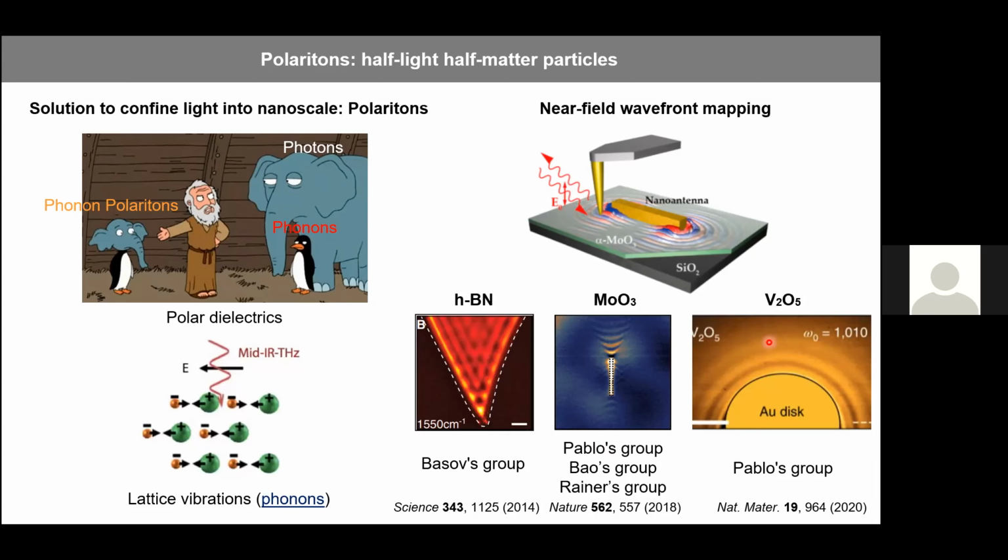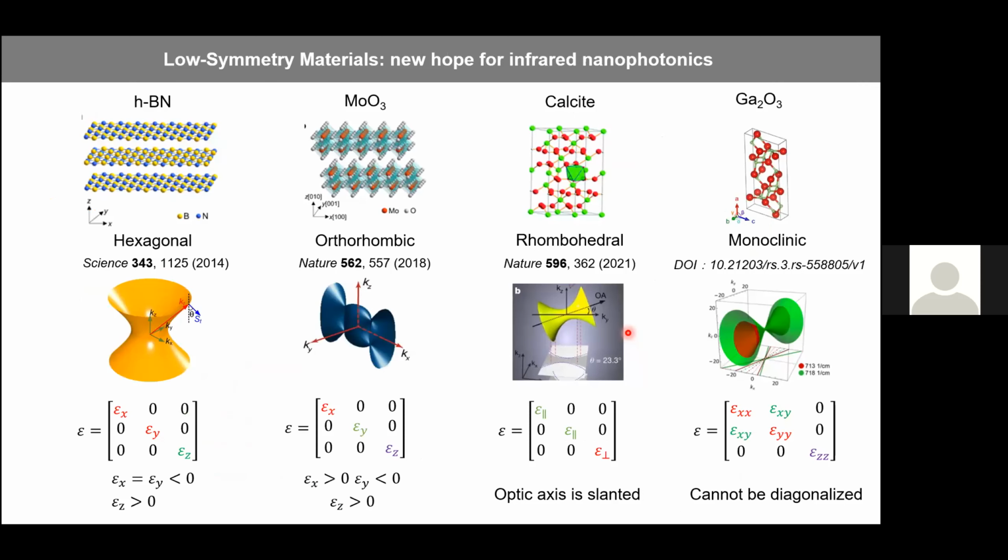In this talk, I will focus our attention on molybdenum trioxide. I will explain later why this material is interesting for us. Here I gave you some representative materials scientists are quite interested in.